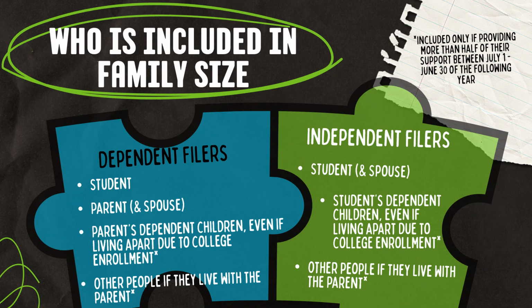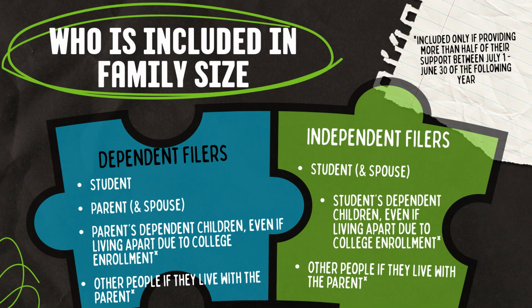And this would include them only if they're providing more than half of their support between July 1st and June 30th of the following year. As for independent filers in the green piece, the student and spouse, the student's dependent children, even if they're living apart due to college enrollment, and again, other people if they live with that person.